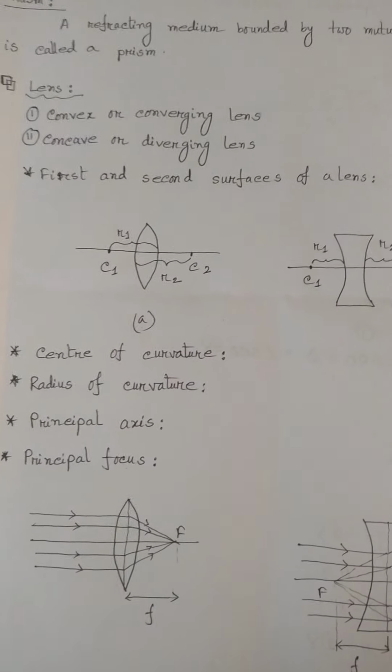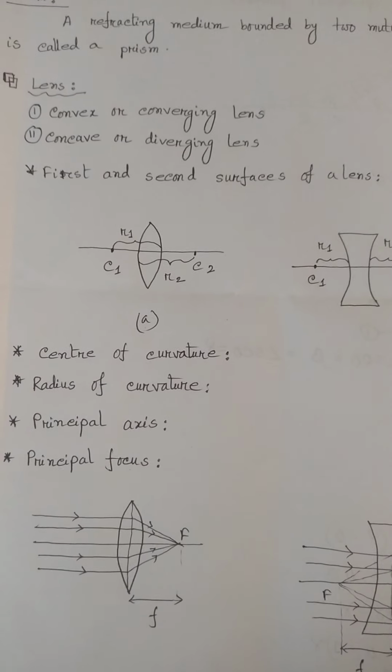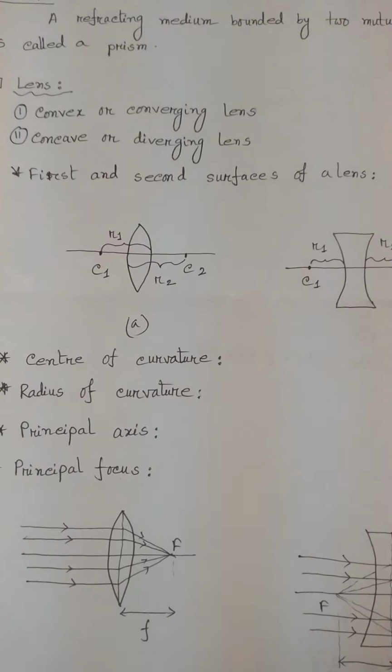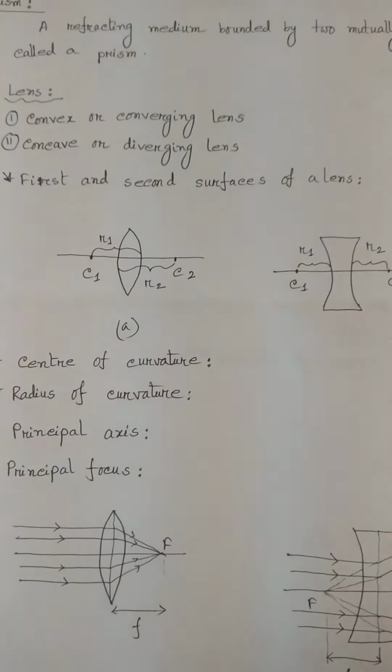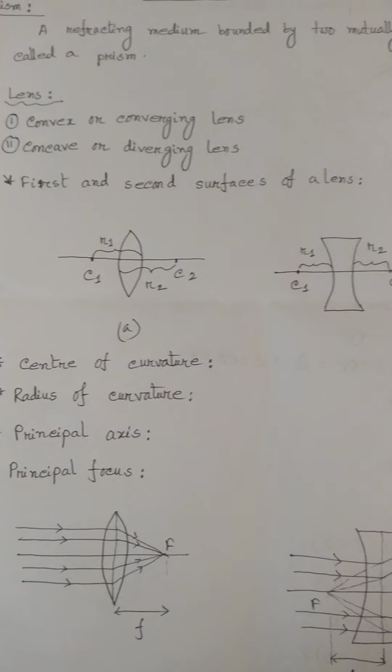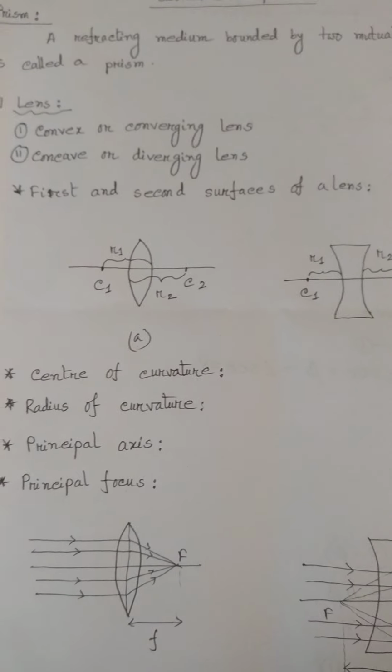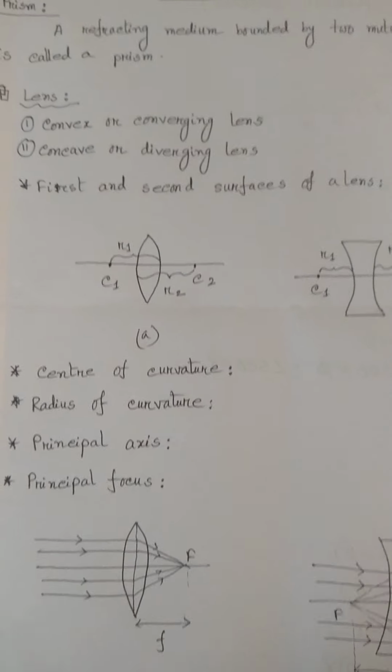Principal focus is denoted by capital F and focal length is denoted by small f. These definitions are most important.